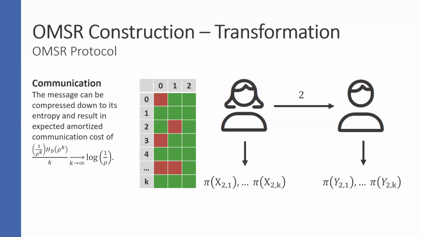When this happens, she will send the index of the first batch where it happens, and both parties will run the accept-reject protocol on each of the copies in the batch. So this message is a geometric variable, and it can be compressed down to its entropy, resulting in an expected asymptotic amortized communication cost of log 1 over rho, where rho is the accept probability.